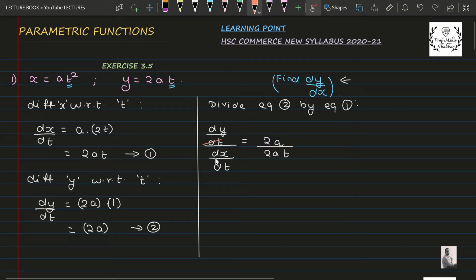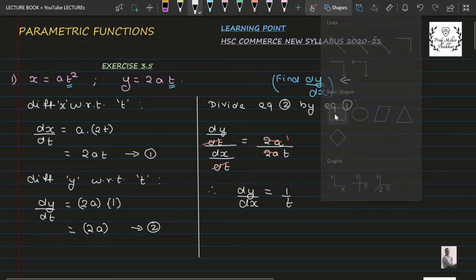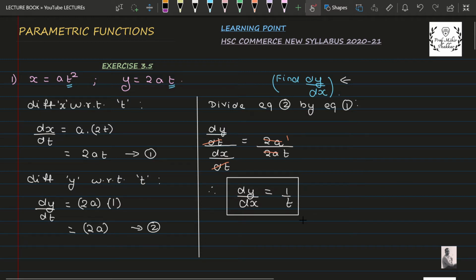We cancel off the values dt and dt as well as 2a and 2a. So we are left with 1 in the numerator, and hence our answer over here is dy by dx is equal to 1 by t. So students, it's a very simple sum number 1 of your exercise 3.5.